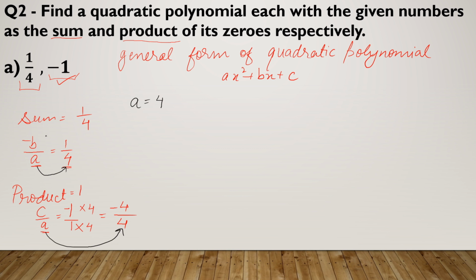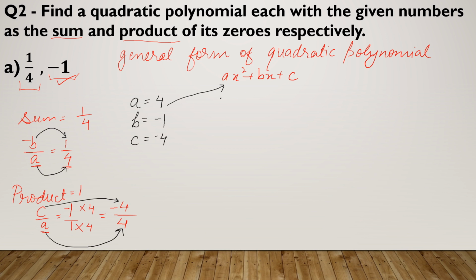Then b की वैल्यू क्या है, तो माइनस b की वैल्यू अगर 1 है, so we want the value of b, so we can write it as -1. That is correct too. And from here we can figure out c की वैल्यू है -4. So c is equals to -4. So we got the values of a, b and c. Now we'll be simply substituting the values here in the general form.